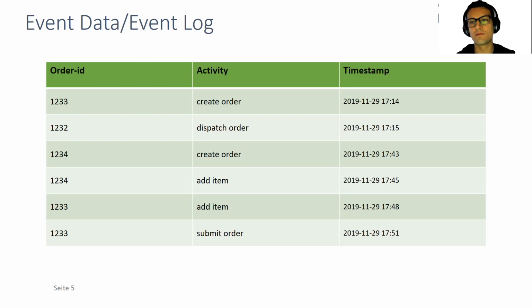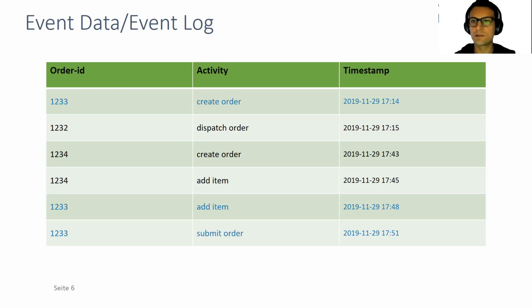So for example, if we look at the first row, the first column has an order ID value of 1233. That means that within our internal system, there has been a Christmas package that we've been sending to one of our clients with the internal order ID 1233. So whenever I see a recurring value 1233 in this table, I know that anything I see in the subsequent columns has something to do with that specific order.